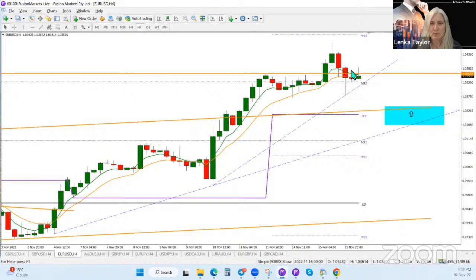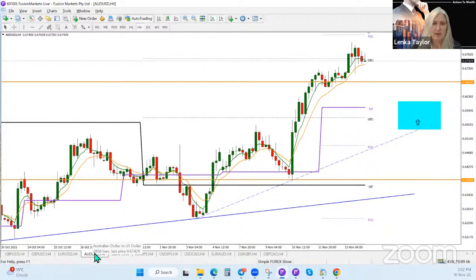So this could continue in that direction there. Otherwise, I really want to see the pullback a lot lower. So some kind of few bars to the previous weekly pivot or to the trend line, and then see if that happens. Then I would look to go long again.